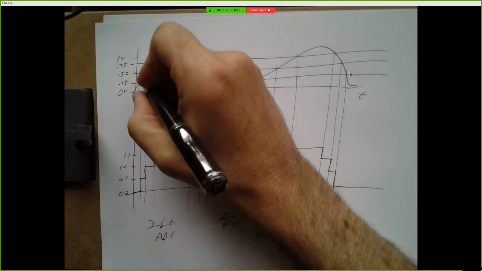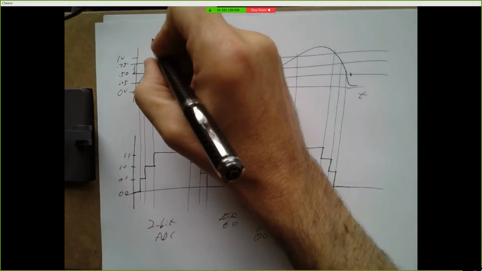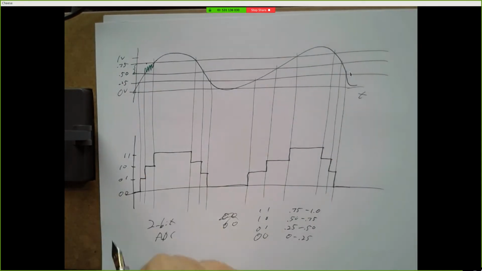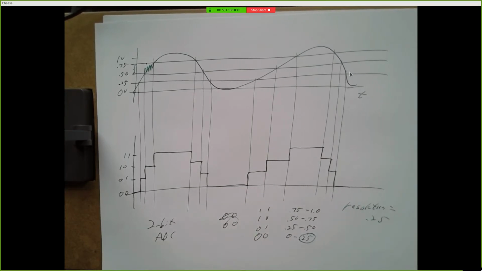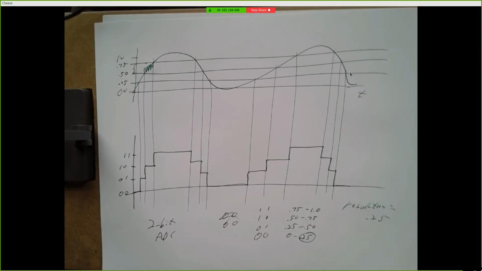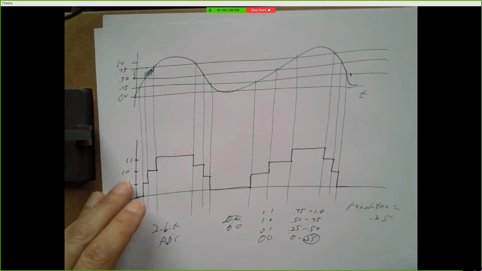And in general, if a squiggle changes by less than this distance, which is 0.25, we're not going to notice it. So our resolution in this case is 0.25. Okay? We have to have a change bigger than 0.25 to guarantee that we see a change in which bucket that voltage goes into.